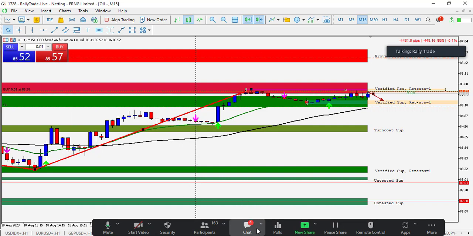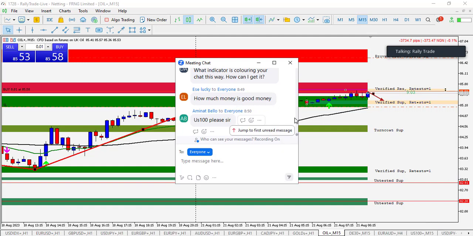Now that's for oil, guys. We looked at oil. Somebody's asking how much money is good money. Wonderful. Now every social concept is a relative concept, guys. So even money in your account is relative.